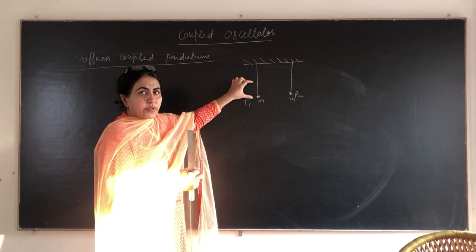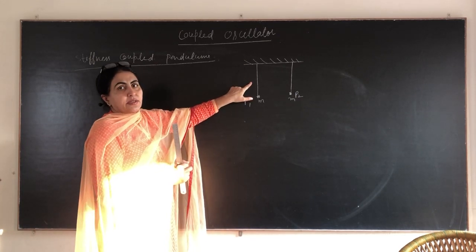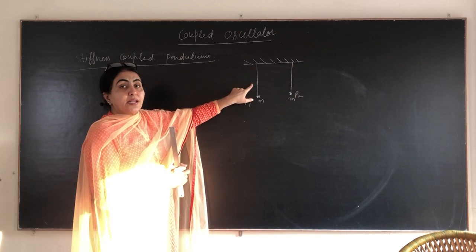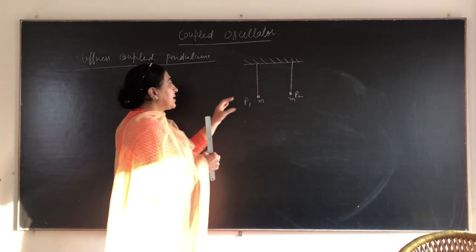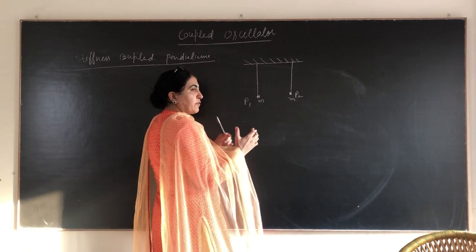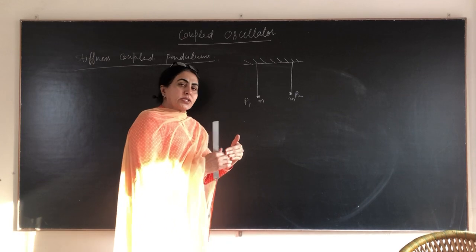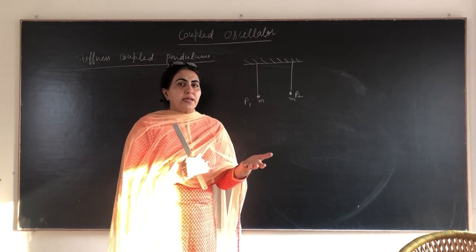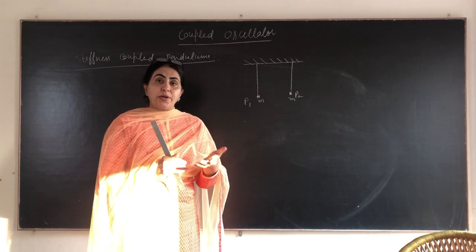string, you can say, or a thread, is inextensible. This is a massless and inextensible spring or thread, and they are attached with each other. Now they are independent, and when we attach them with the help of a spring, then they become a coupled oscillator.